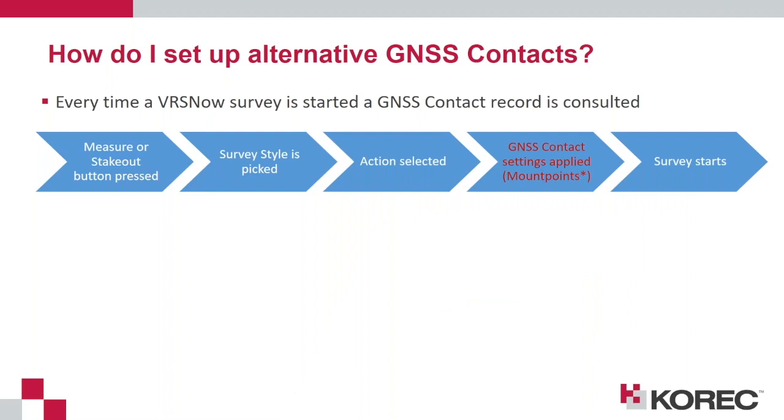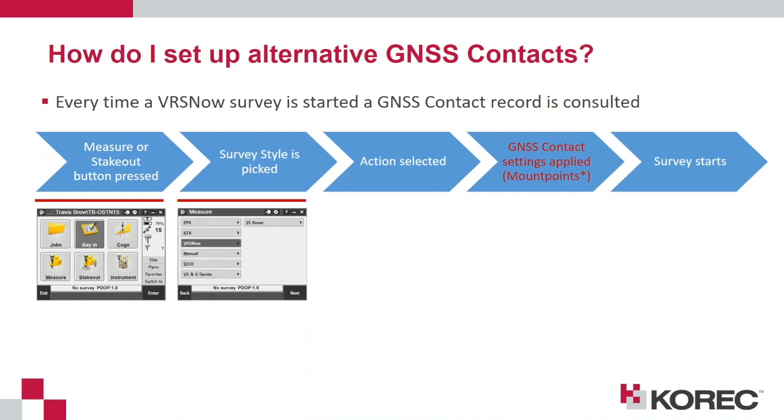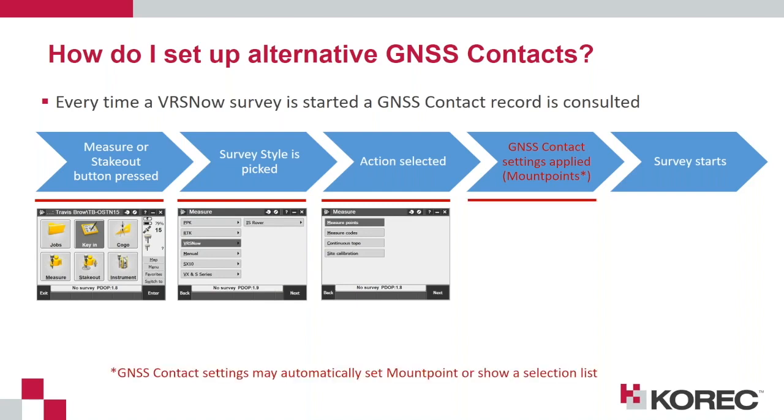So to put that record in its context, we'll review the VRS survey startup process. Once you've got a job created in Trimble Access, you're going to hit your Measure or Stakeout button, and from there, pick your VRS survey style. Following that, depending on which button you've pressed, you're going to select an action like stakeout, point, line, measure a point, etc. And once that's picked, the GNSS contact settings are going to be applied.